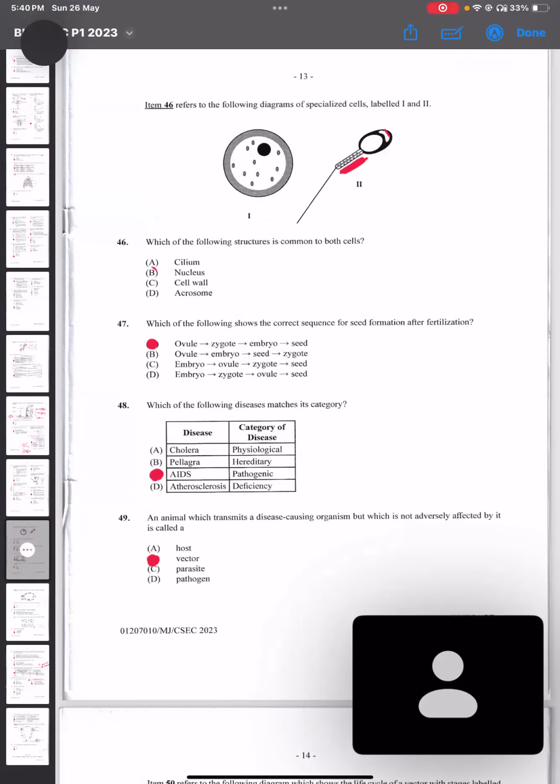Whenever we have fertilization, a zygote is formed, and then the embryo is what is contained inside of the seed. So your answer is A. You can't start with the embryo because the embryo is what is inside of the seed. So our 47 answer would be A. The years that we are going to decide between are 2022 and 2017.